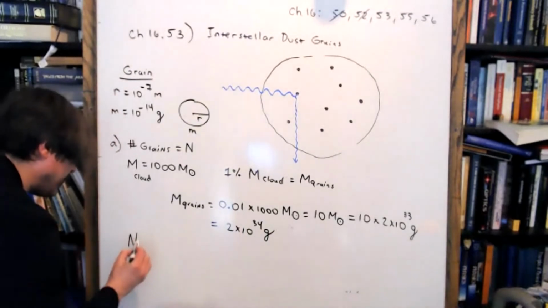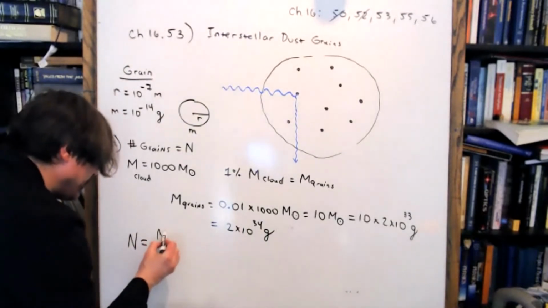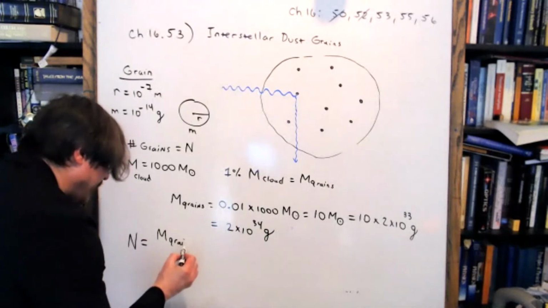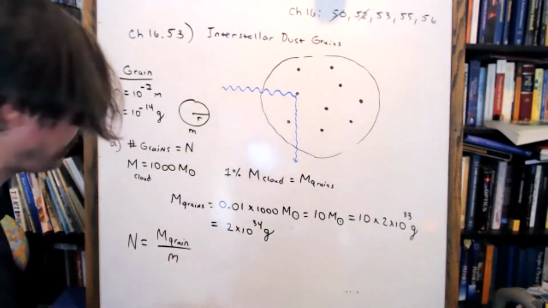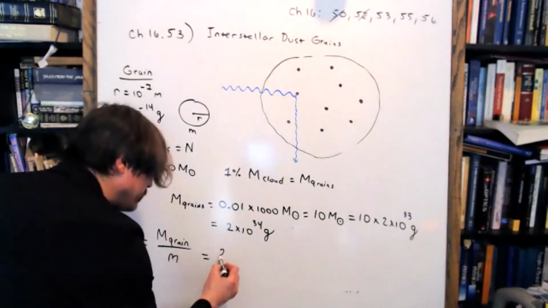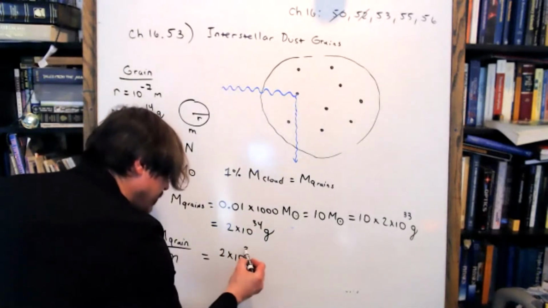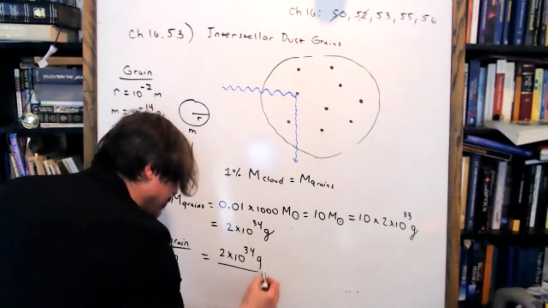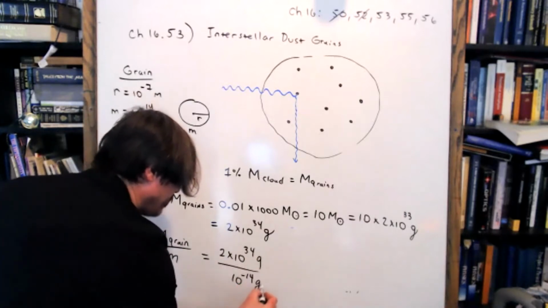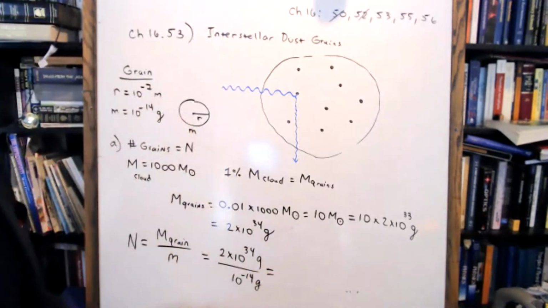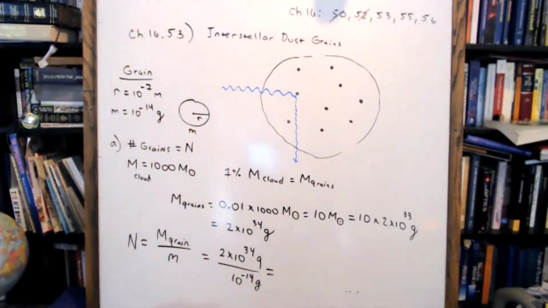That means that the total number of grains is the mass of every grain divided by the mass of a single grain, which is 2 times 10 to the 34 grams over 10 to the minus 14 grams. Someone do that in their head like a cool person. 2 times 10 to the 20th?